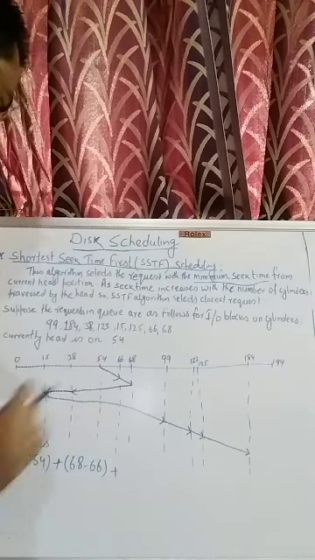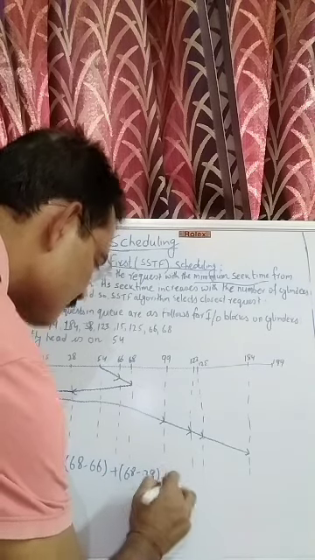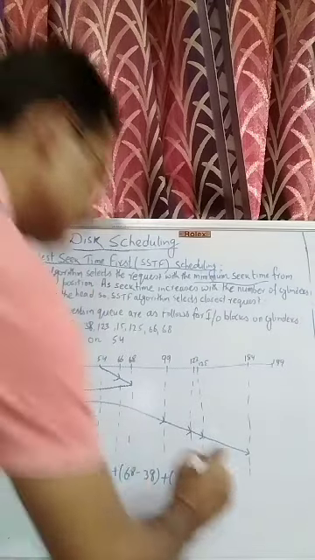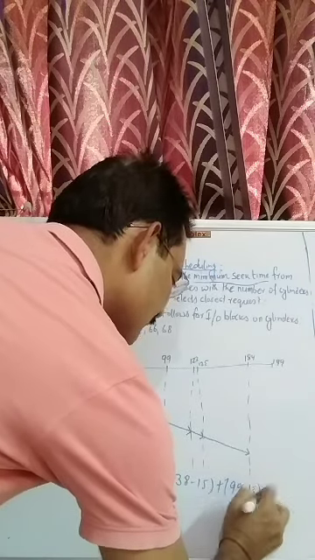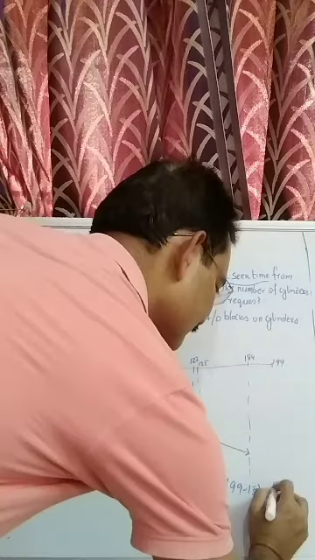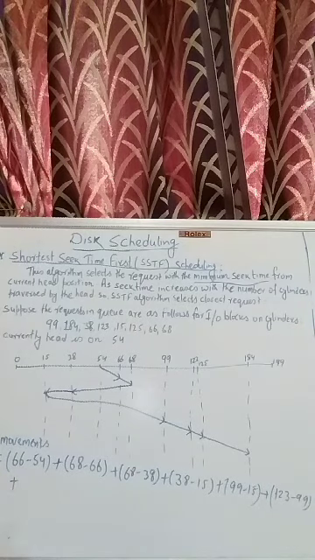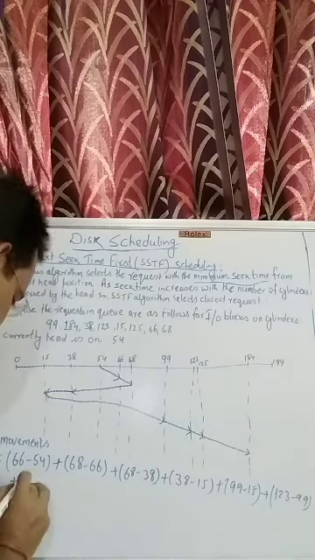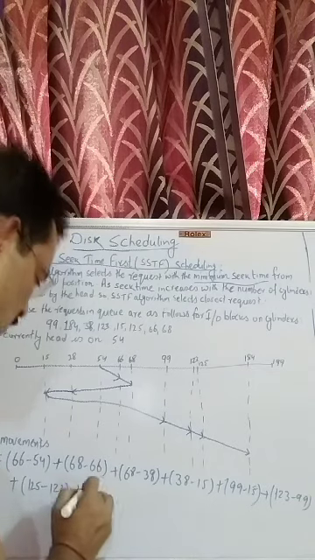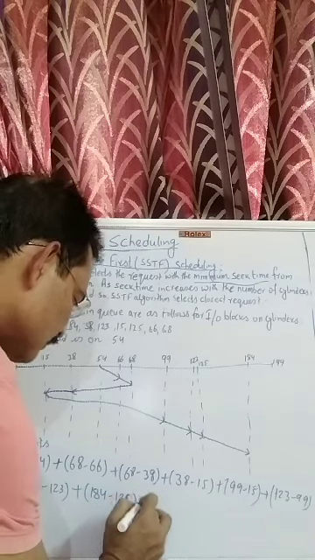From 68 to 38, so 68 minus 38, plus 38 minus 15, plus 99 minus 15, plus 123 minus 99, plus 125 minus 123, plus 184 minus 125.